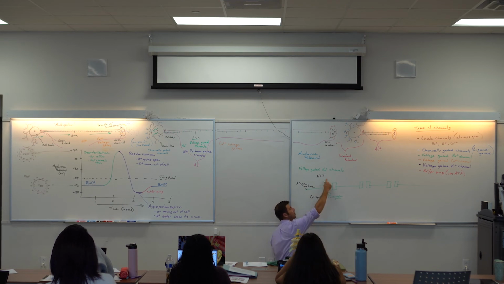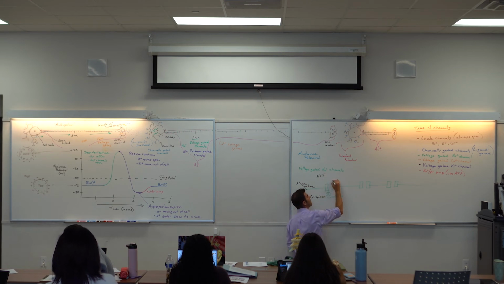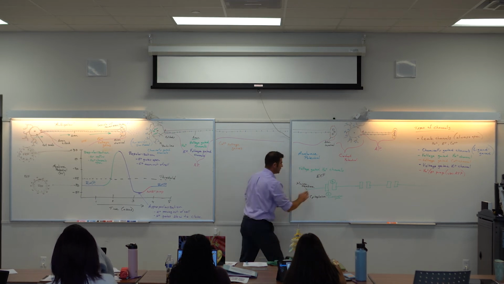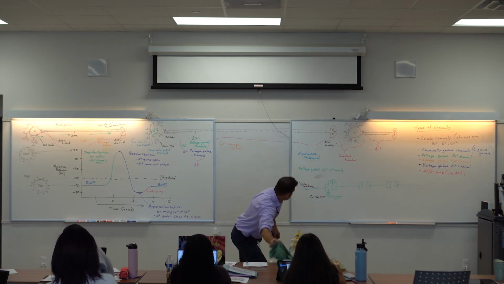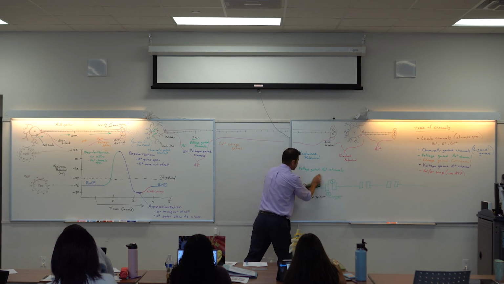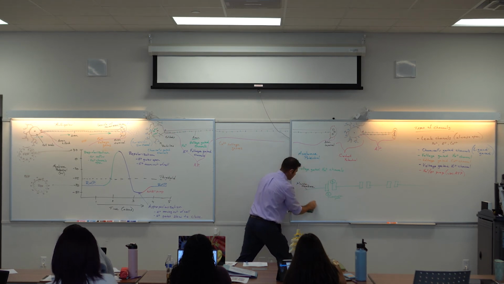And on the side of this channel that faces the extracellular fluid, there's another gate that I'm going to label with an A. I'll put a little circle around that A, and I'll put the hinge attached to the other side of this protein. I'll just give myself a little bit of room here to label. I'm going to scoot my cytoplasm over just a little bit.